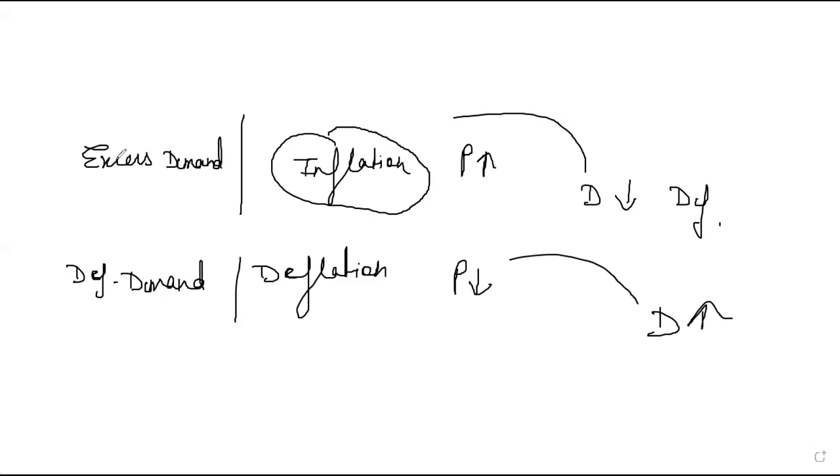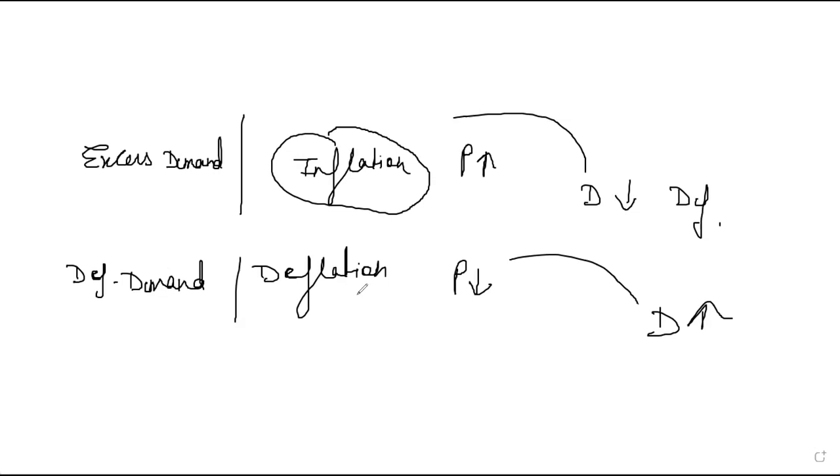So basically, when there is excess demand, what do we bring? We bring inflation. They are the same thing. And when there is deficit demand, we bring deflation. But if someone asks, because of inflation what happened? You will say, because of inflation prices increase, and because of inflation deflation comes. When there is excess demand you bring inflation, when there is deficit demand you bring deflation.